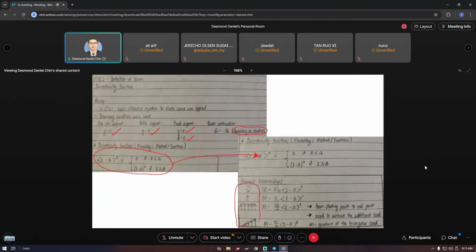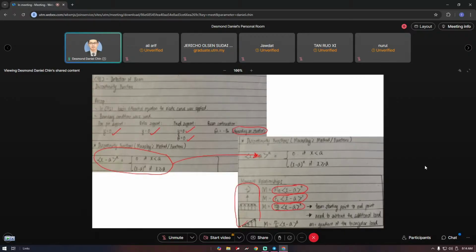There is important information you must remember. If the moment is clockwise, then this is the equation. If the force is pointing upward, then this is the equation. If the distributed loading is pointing upward, then this will be the equation.